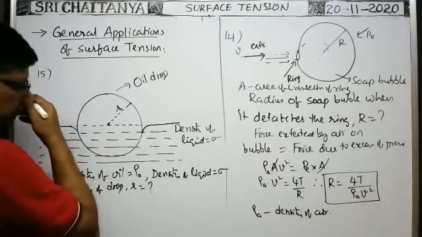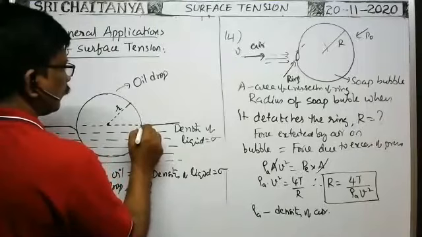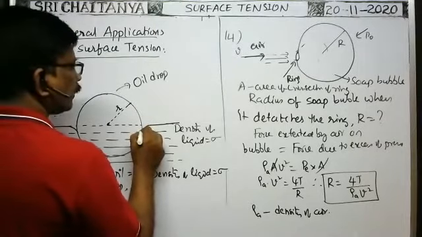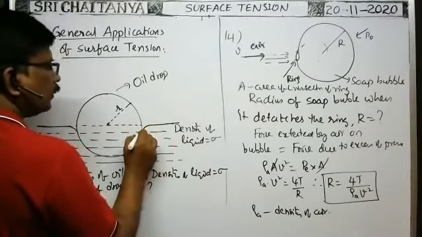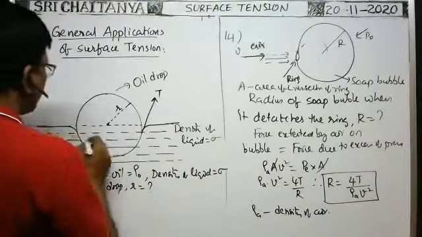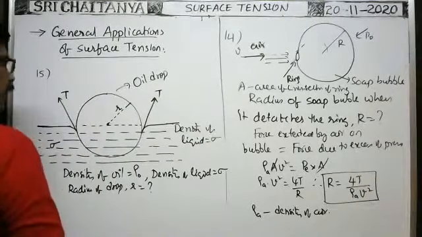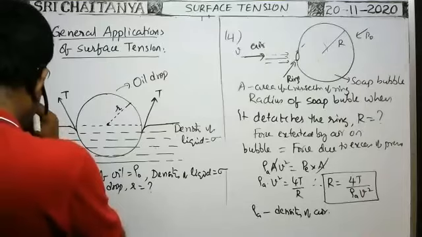Then the tangent drawn at this point to the surface of the liquid gives the direction of the surface tension that acts on the liquid drop.